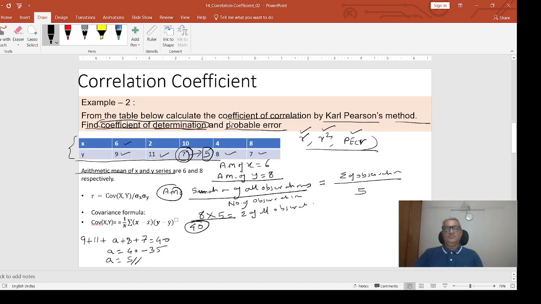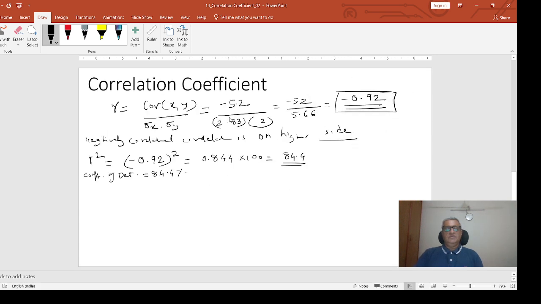Now we are also asked to find out the probable error. So what is probable error? PE of R is equal to 0.6745 multiplied by 1 minus R square divided by root n.